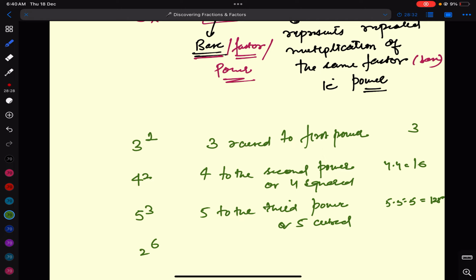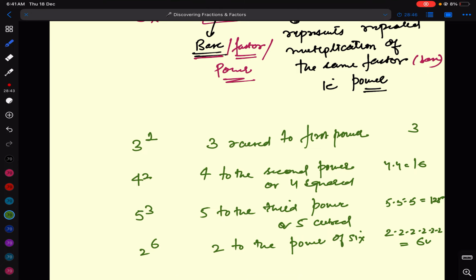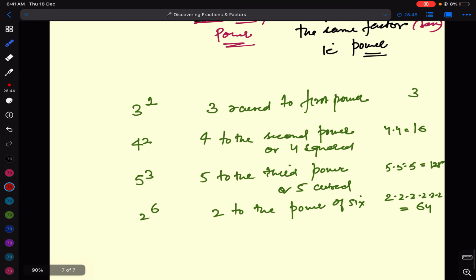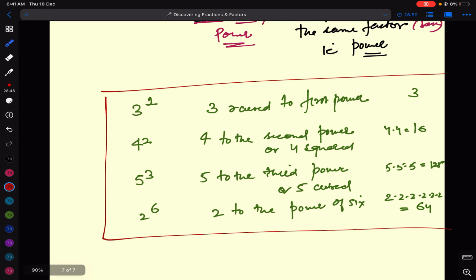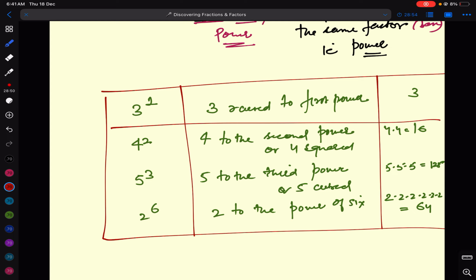The last is 2 to the power of 6, so this is 2 times 2 times 2 times 2 times 2 times 2, and that is 64. So this was your table of the representations of different powers.